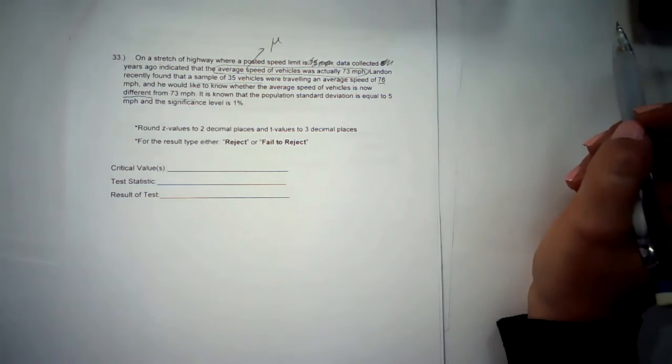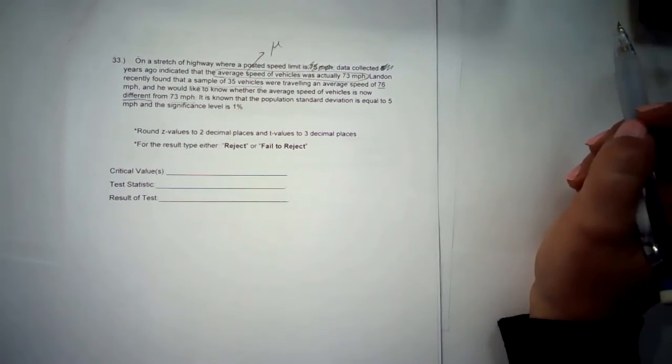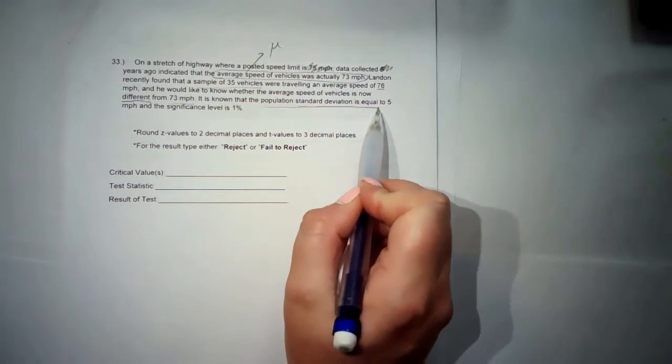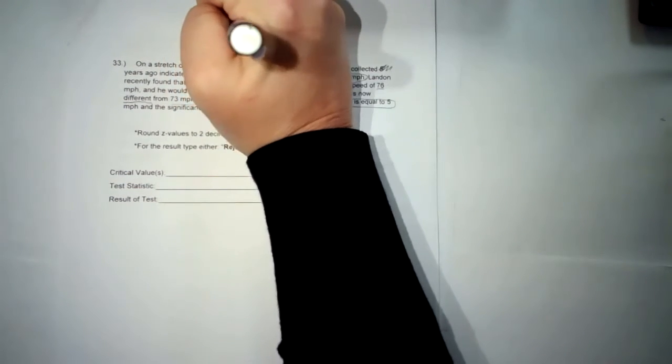Woo, okay, information overload on this one. So is this sigma known, unknown, proportion? Perfectly known, right? It spells it out beautifully right here. So sigma known, fantastic.